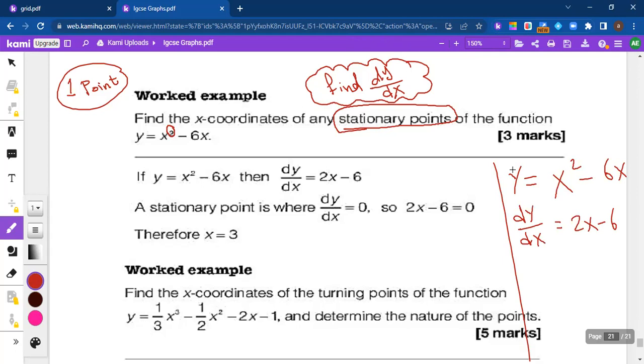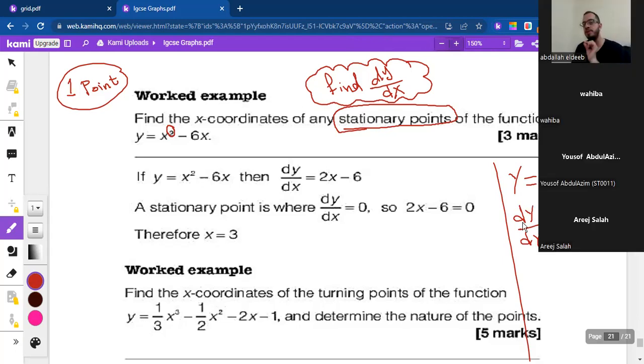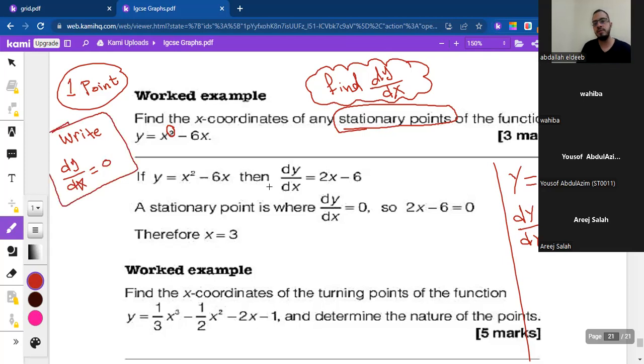If you want to find the stationary point, what should I do? Write dy by dx equals 0. So 2x minus 6 equals 0.